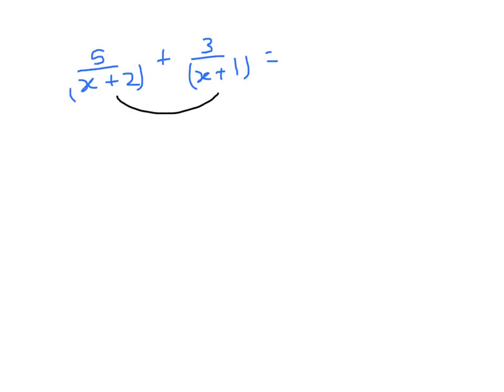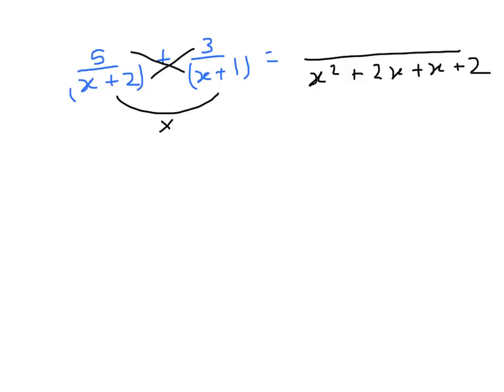I have to multiply my two brackets first of all, so on the bottom, as if you're expanding two brackets, so I'm going to have x squared plus 2x plus 1x plus 2 on the bottom, and then I cross multiply.